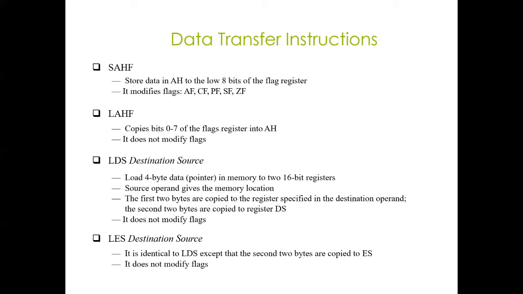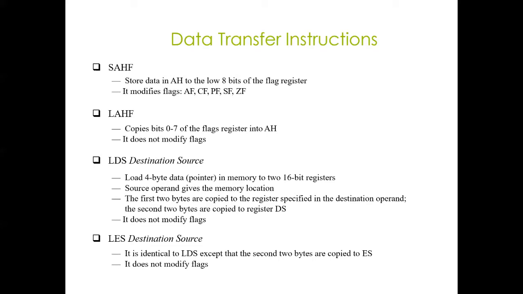Next is LDS. This instruction loads a word, 2 bytes, from the specified memory location into the specified register. Furthermore, it also loads a word from the next 2 memory locations into the DS register. For example, LDS SI, [0200].